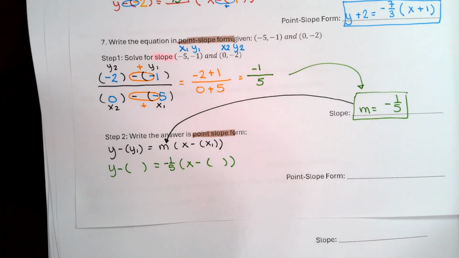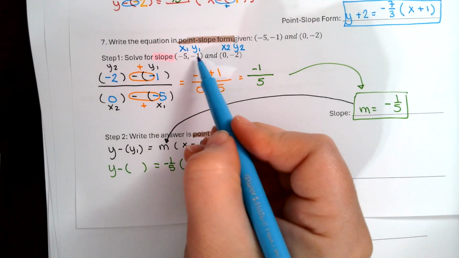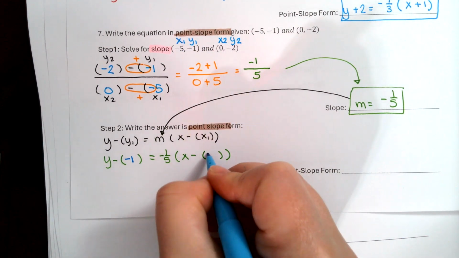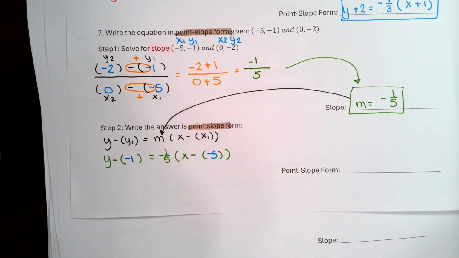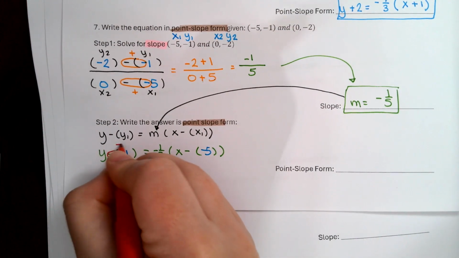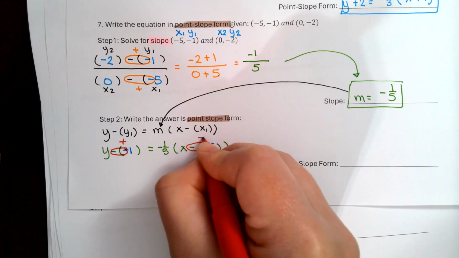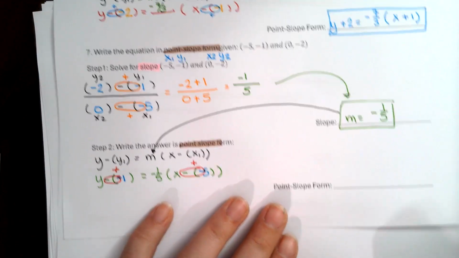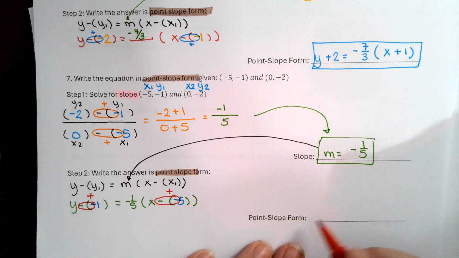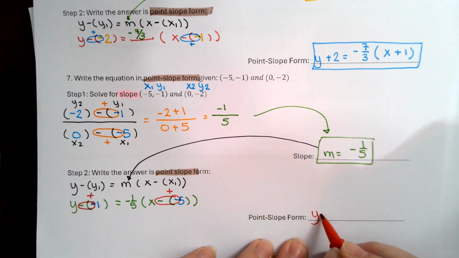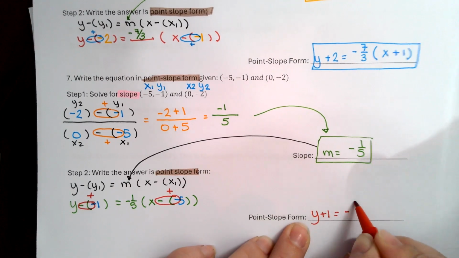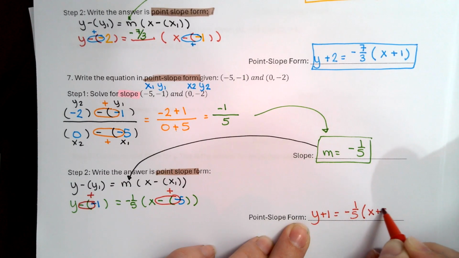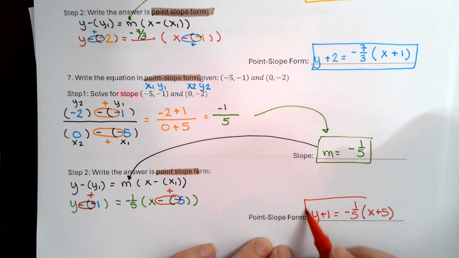So y1 is negative 1 and x1 was negative 5. If we have double negatives, you got to make them into a positive, and it looks like we have both double negatives. So we're going to write our answer as y plus 1 is equal to negative 1 over 5 times (x plus 5).